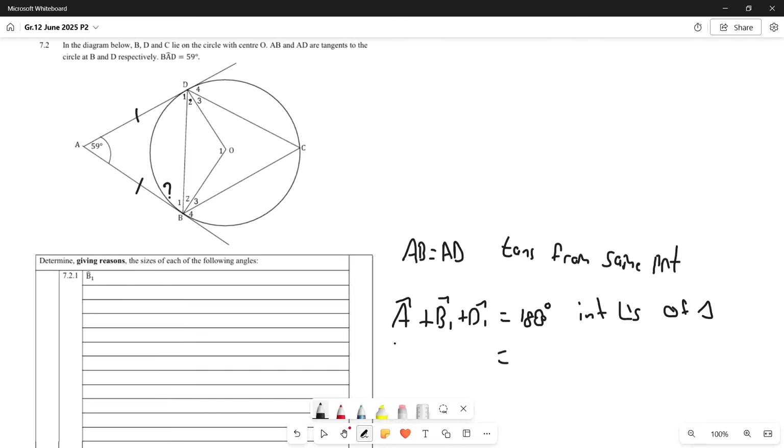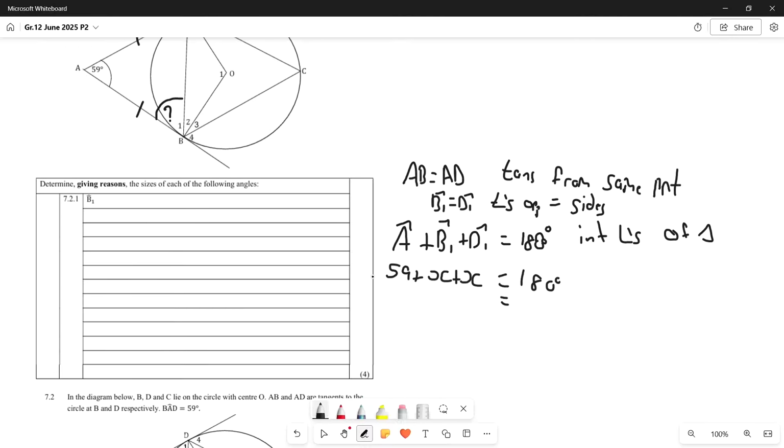So then A we have, that is 59, and B1 and D1 are both the same angle. B1 equals D1 because angles opposite equal sides. So then we had A is 59 degrees, B1 plus D1, we can just call them X plus X, and that equals 180 degrees.